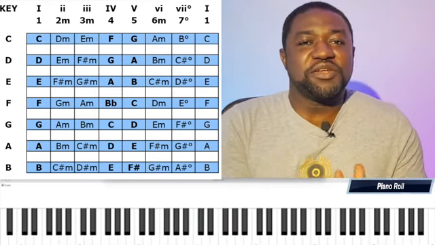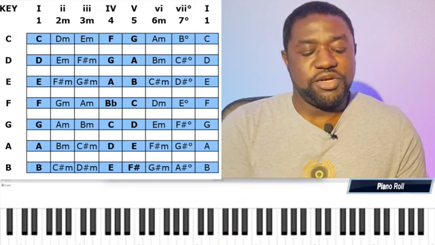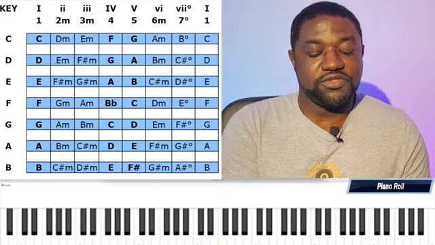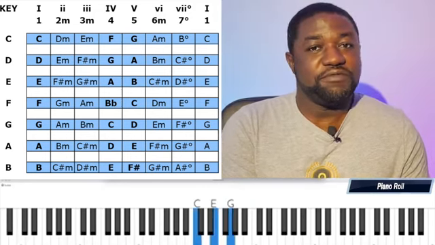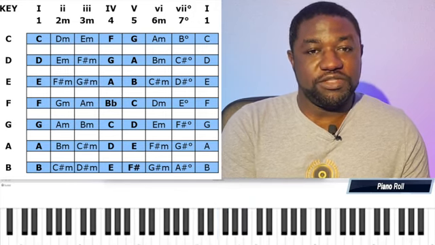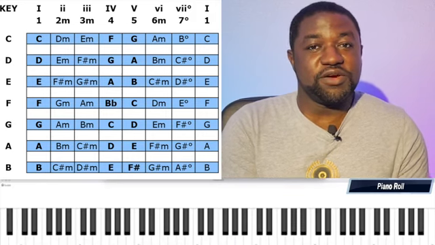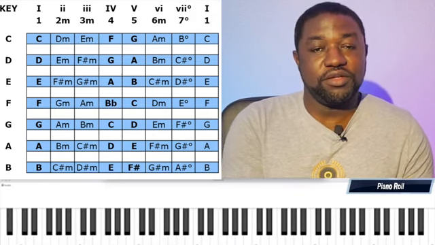So, based on this principle, if I say play chord 1, I'm simply referring to the very first chord of the key of C. If I say play chord 2, then I'm referring to the minor chord of D, which is built upon the D note, which is the second degree of scale, okay?